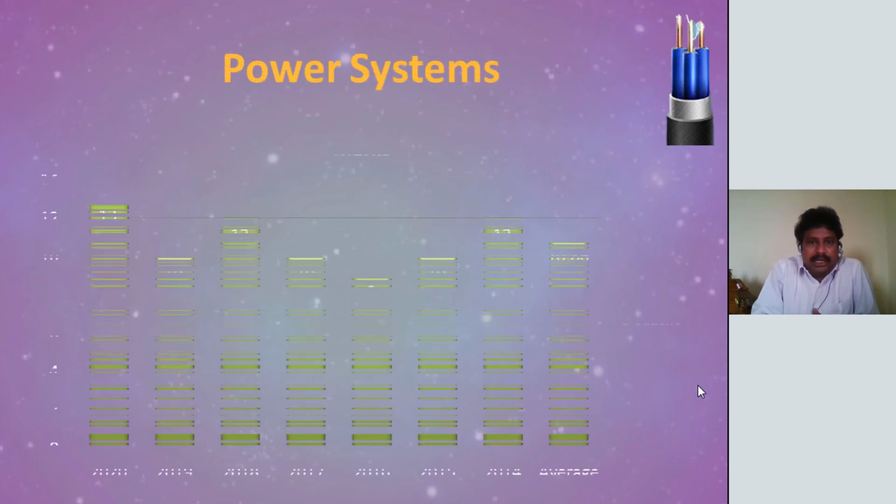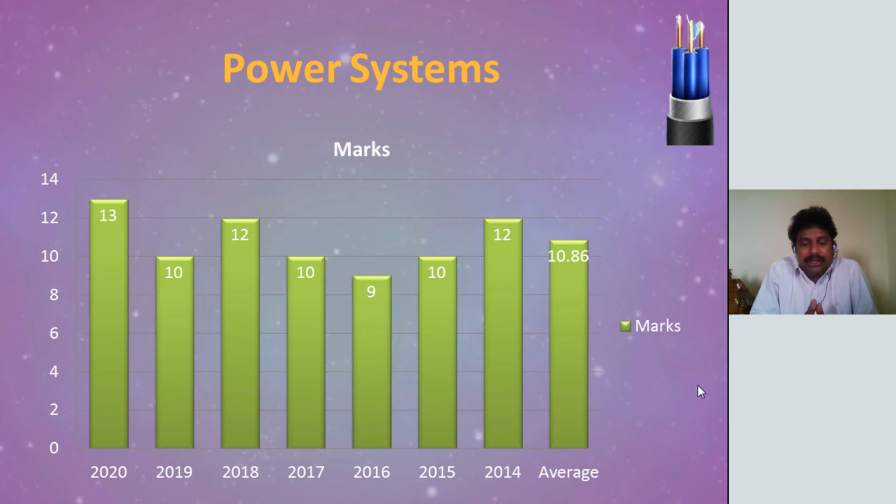The next subject is electrical power systems. Electrical power systems and machines carry equal weightage in the GATE examination. Machines and power systems combined carry around 26 marks, which is 25% of the total 100 marks.